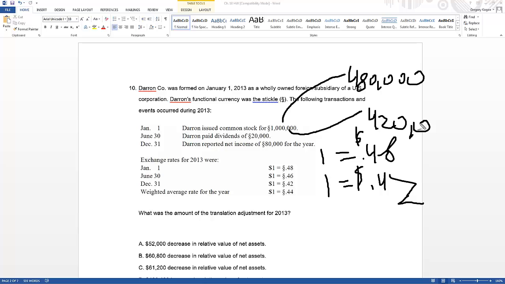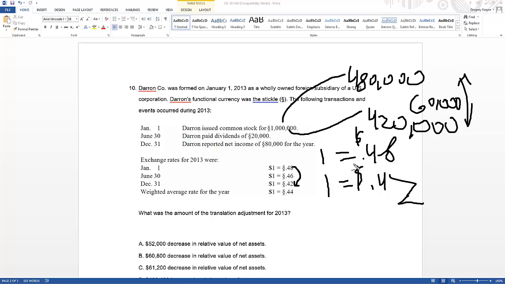The same amount of stickles is yielding a different amount of dollars. This is exactly what we mean by translation adjustment due to FX currency fluctuation. This is the fluctuation that occurred, a 6-cent depreciation over the course of 12 months.